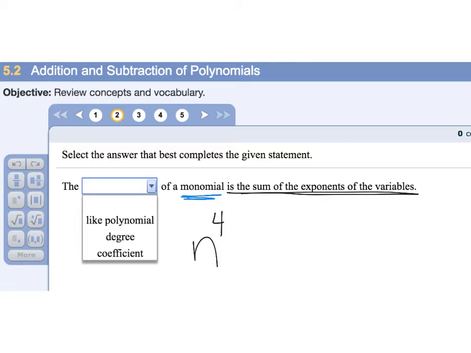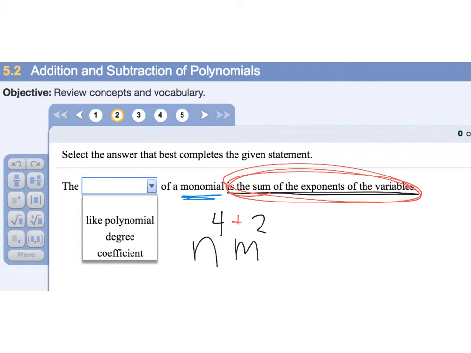So if we had n to the 4th power, m to the 2nd power, you would say 4 plus 2 is 6, and so that is the degree of the monomial. So if I had x to the 3rd power, y to the 2nd power, we would say the degree is 5 because 3 plus 2 is 5, all right?